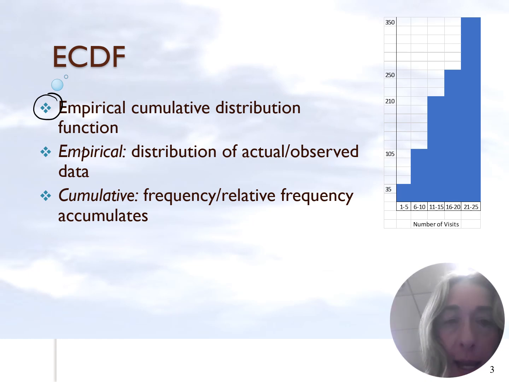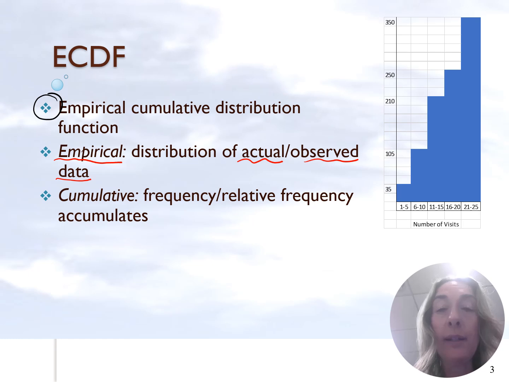When we say empirical, what we mean is the actual or observed data. Empirical just means by experience, as opposed to the theoretical distribution that we're trying to test it against. Cumulative simply means that the frequency or the relative frequency is allowed to accumulate or add up.